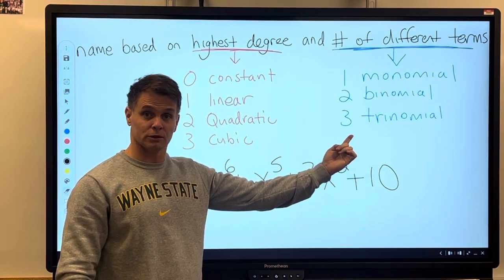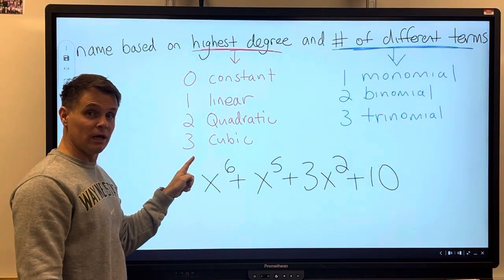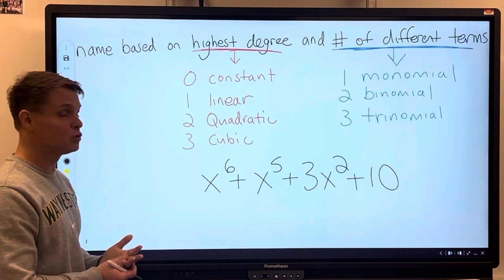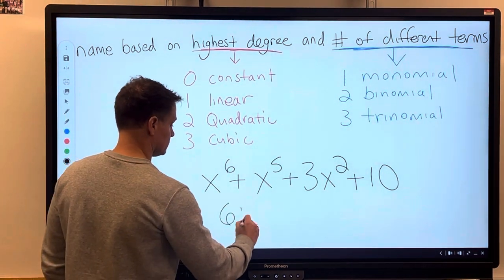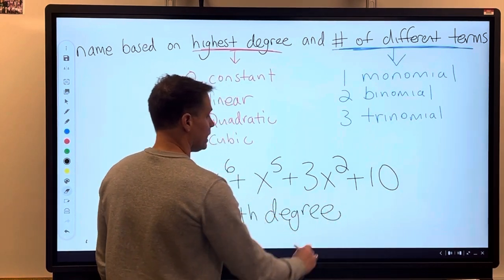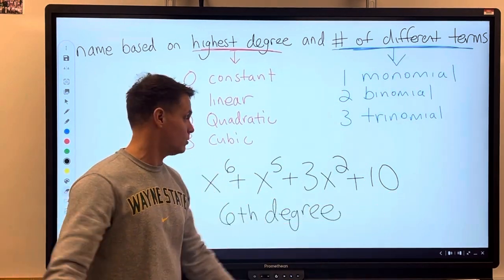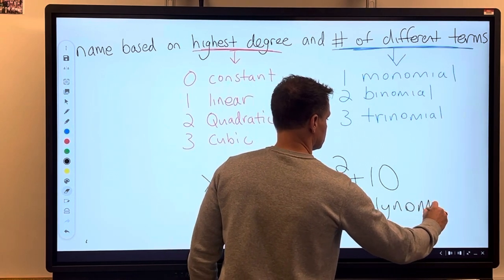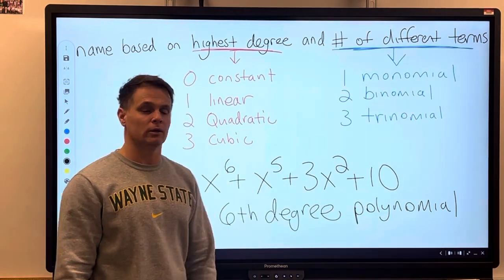There's 4 terms. So if there's a higher degree than 3, we name it based on whatever number it is, degree. So a 6th degree, and if it's more than 3 different terms, we just call it a polynomial. So a 6th degree polynomial.